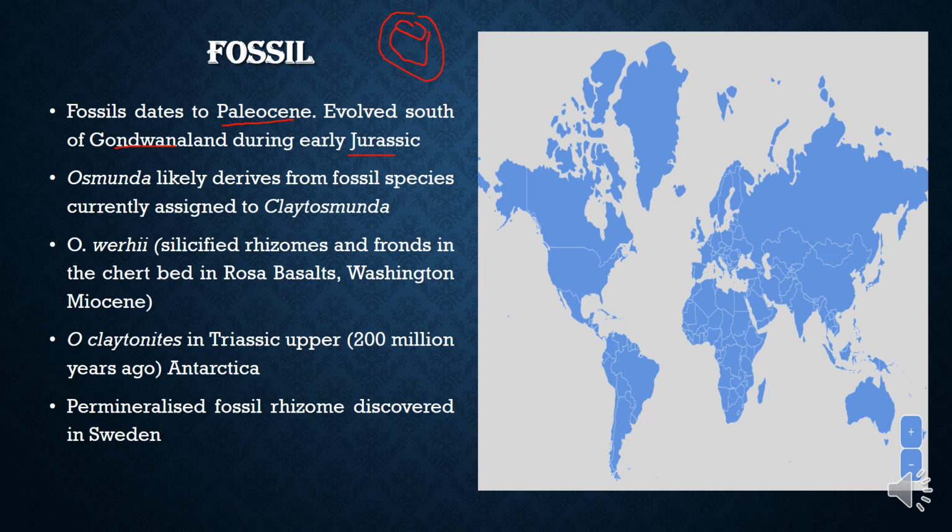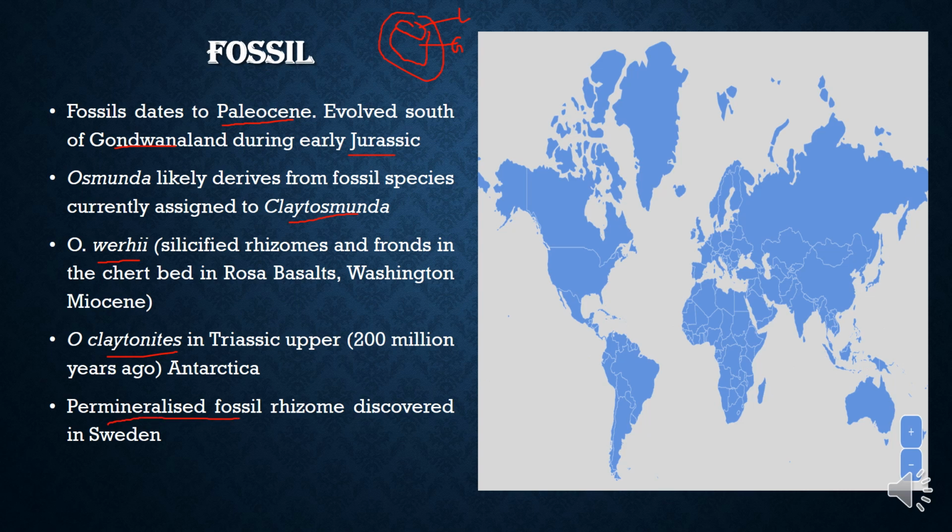I'm not drawing it perfectly, but if this is Laurasia, this is Gondwanaland. So in the southern part of Gondwanaland, we are getting these fossils of Osmunda, and especially Claytosmunda, Osmunda vervi, Osmunda claytonites. These are actually found as permineralized fossils.